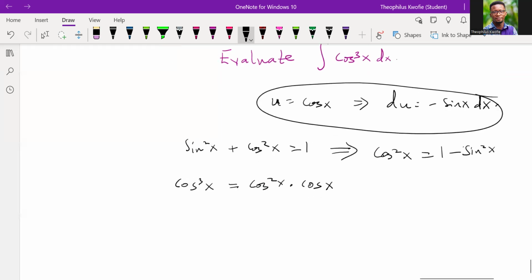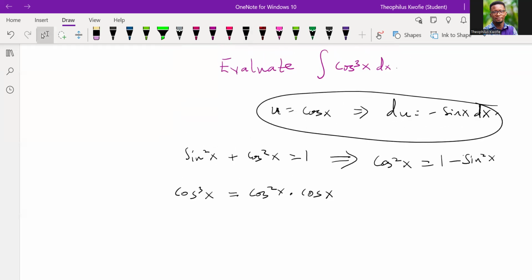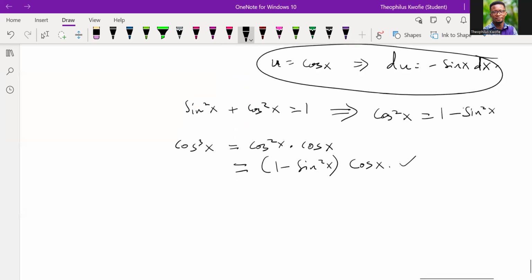Good. So over here, I'm going to substitute the expression for the cosine squared with this. So we're going to have 1 minus sine squared x, times cosine x. Now this is our new integrand. Very good.